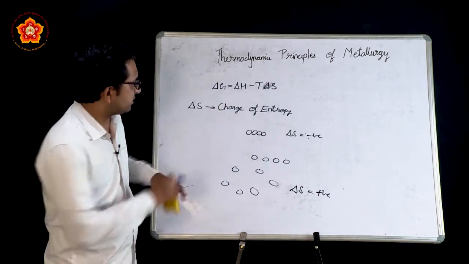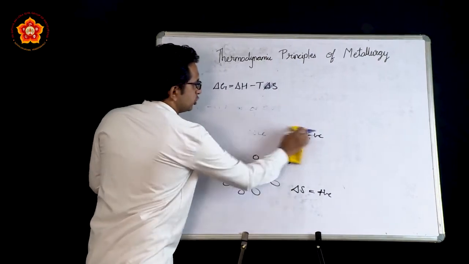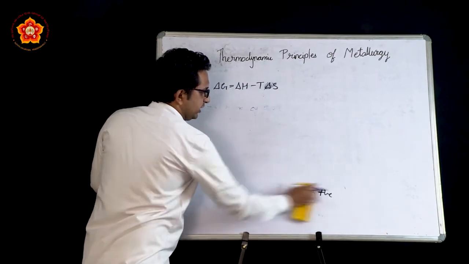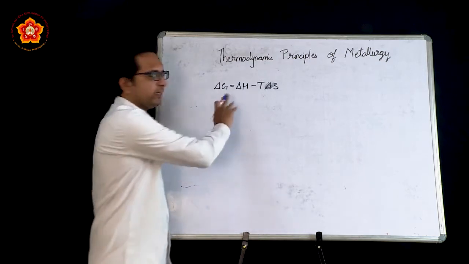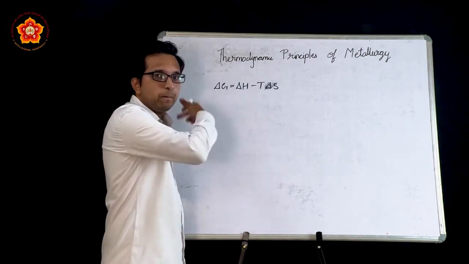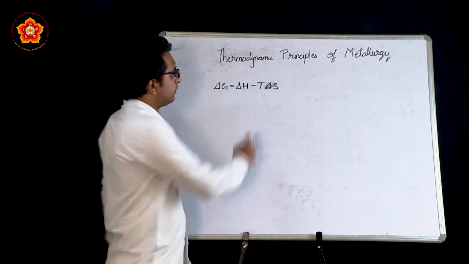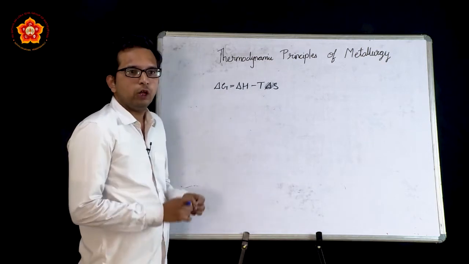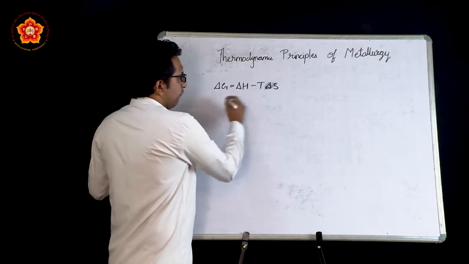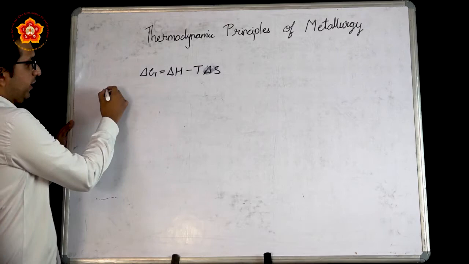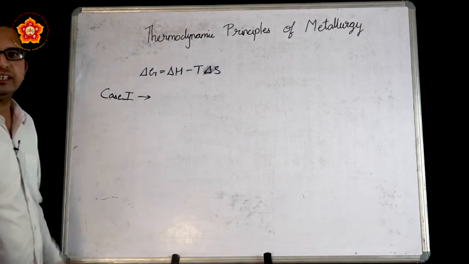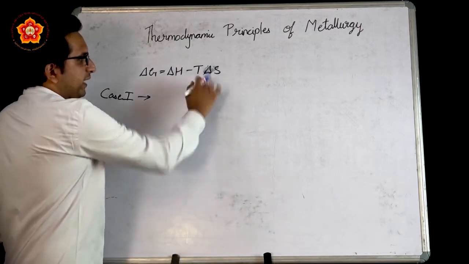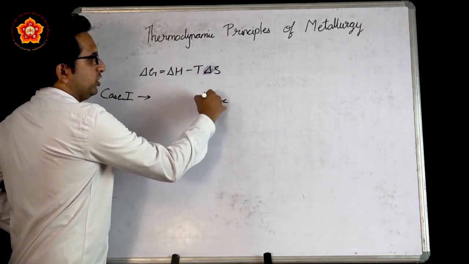So taking back this equation now, delta G is equal to delta H minus T delta S. Delta H generally for a reaction, whenever these metallic reactions take place, may be exothermic in nature. So in this case, when we do certain case studies, in case 1, I am going to consider that my delta S value is positive in nature.